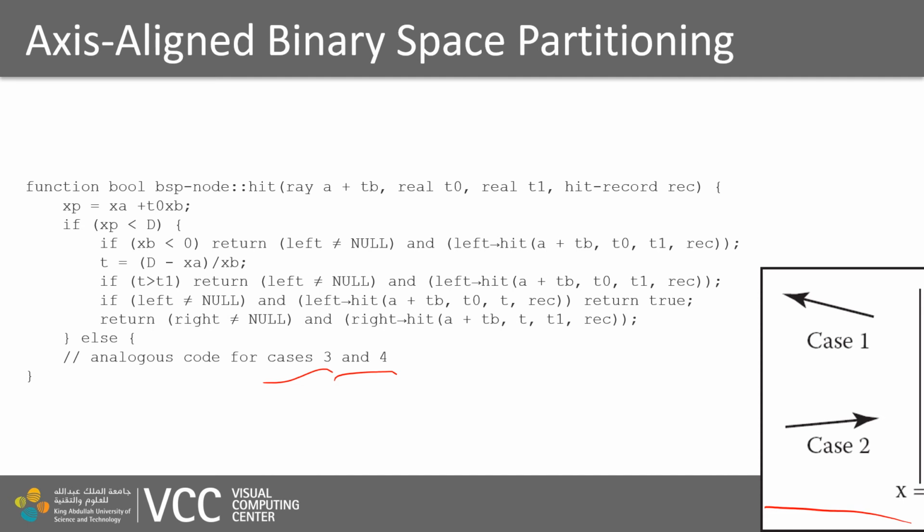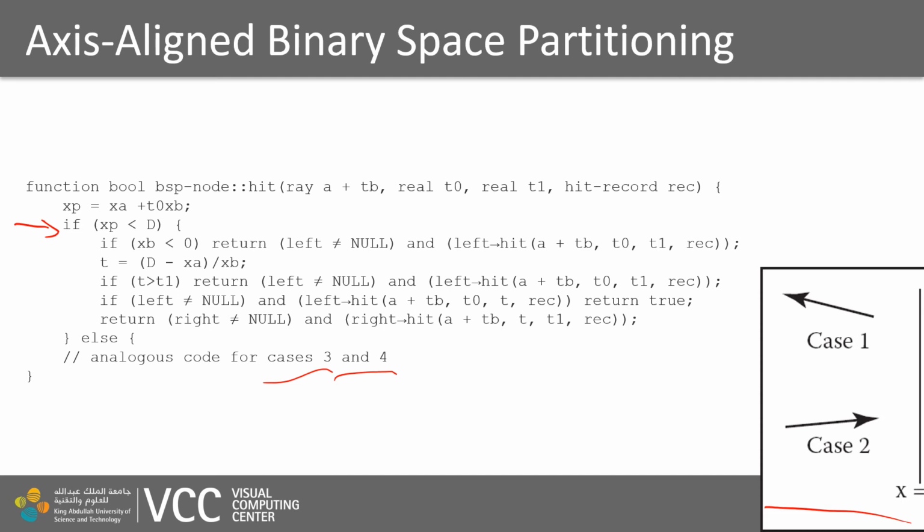So we have our binary space partitioning, and we are evaluating whether our ray is intersecting this space and whether there are any hits. Here is our definition of the line, where A is the starting point and B is the vector, the direction of the ray. And we are evaluating whether XP is smaller than D, as we were discussing, to find out case 1 and 2.